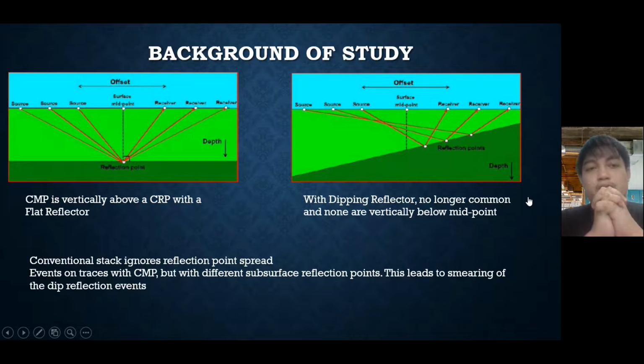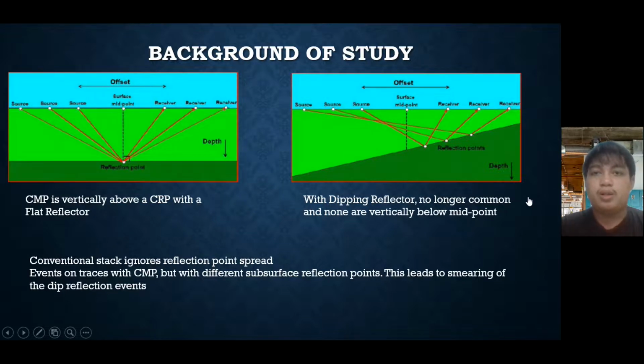Moving on to the background of study, we have two pictures. In the first, the CMP, or common midpoint, is vertically above the CRP with a flat reflector. In the other, with a dipping reflector, the reflection points are no longer common and not vertically below the midpoints.